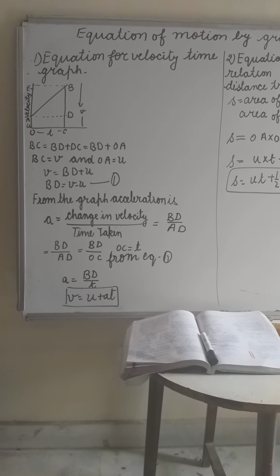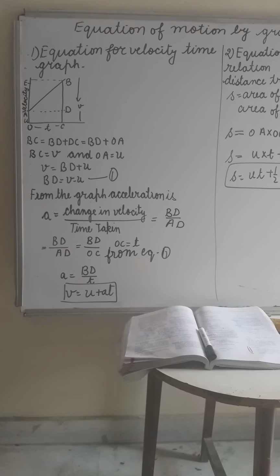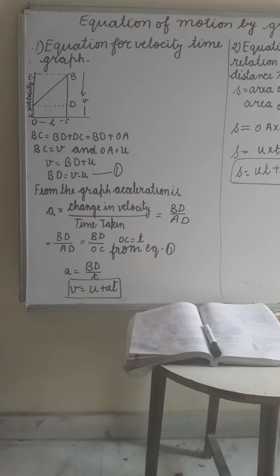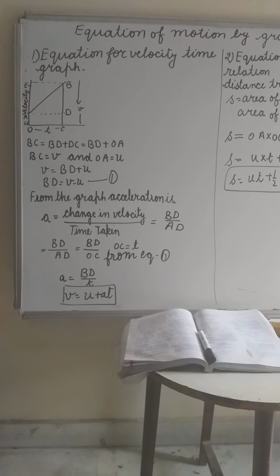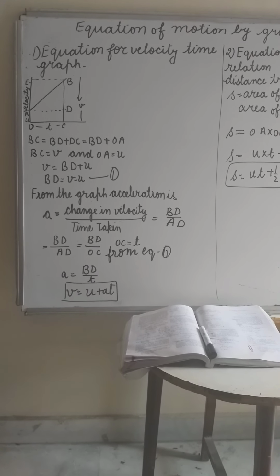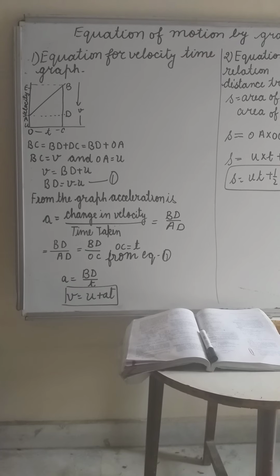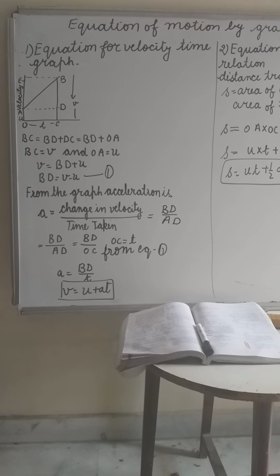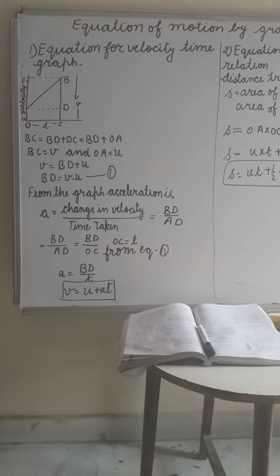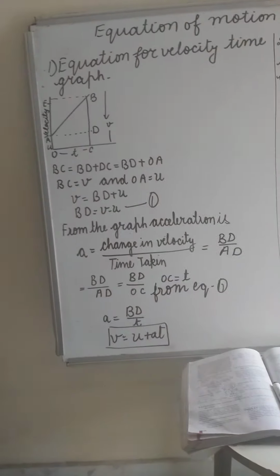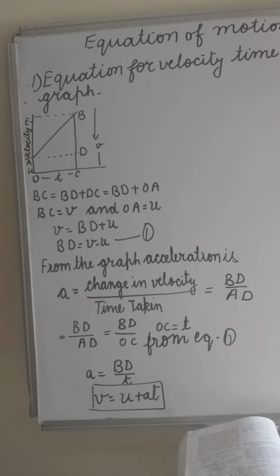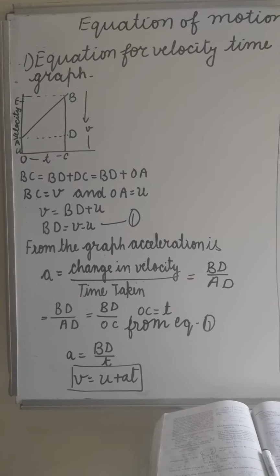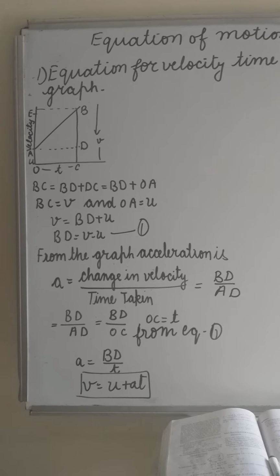So BD upon OC, and OC is equal to T. So A is equal to BD upon T, and you can see in equation 1 I have written BD is equal to V minus U. So V is equal to U plus AT. Try to understand this equation. It is difficult to understand, but if you see carefully, then you can understand this definition easily.